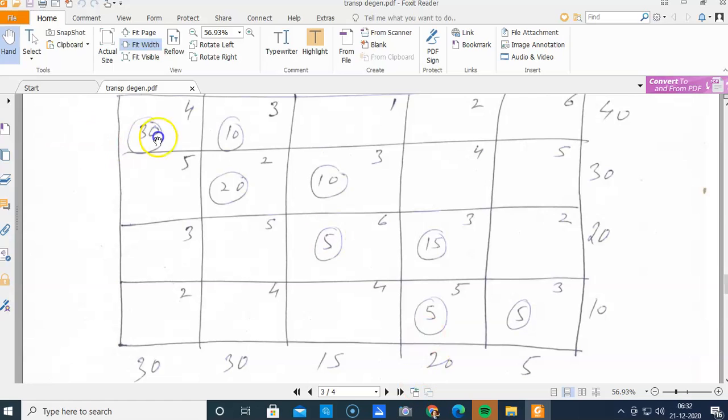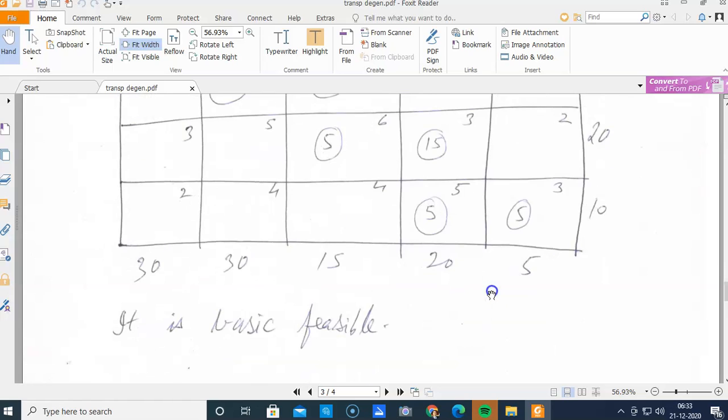So this is 1 2 3 4 5 6 7 8, and these are 5 plus 4, 9, 9 minus 1, 8. So the number of occupied cells is m plus n minus 1. Therefore this initial solution is basic feasible.